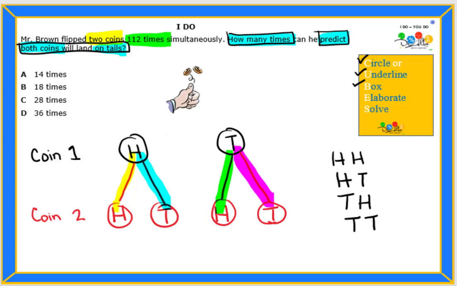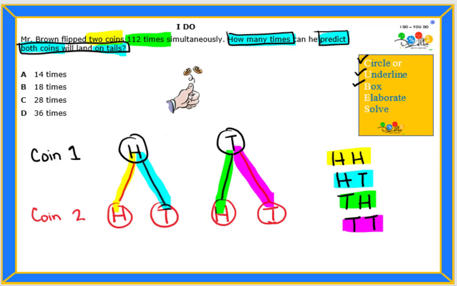So once again, we have heads, heads, heads, tails, tails, heads, tails, tails. Now we have drawn and listed the information for all of our outcomes.